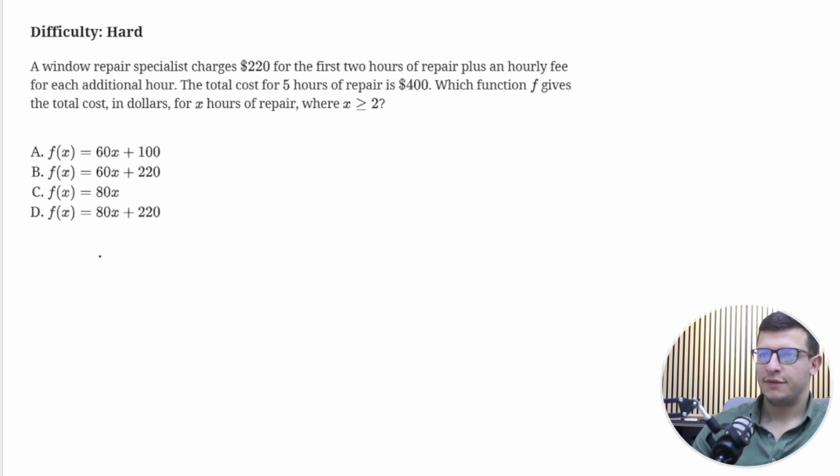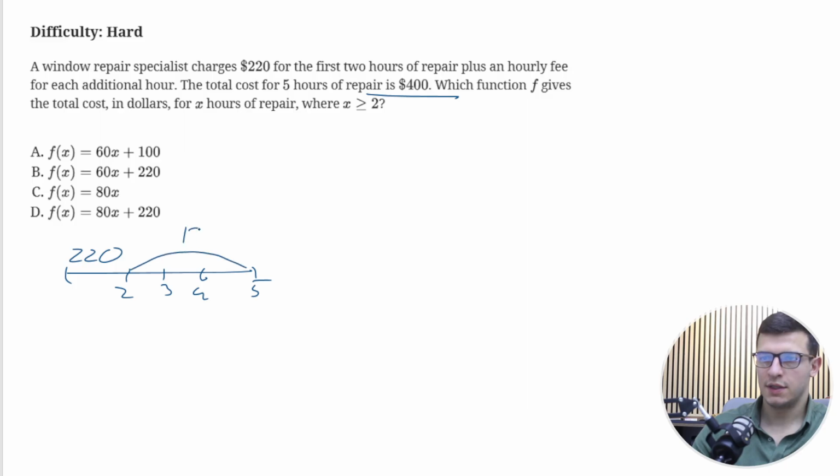If we have 400 for 5 hours, imagine that we've got a 5-hour window. This is the first 2 hours, and then 3, 4, and 5. So for the first 2, I get 220, and for a total of 5, we got 400. So the remaining is 180.